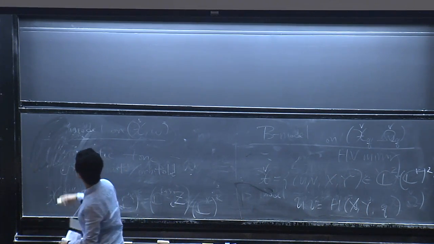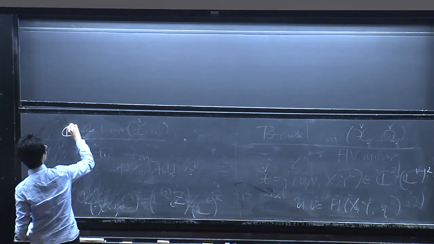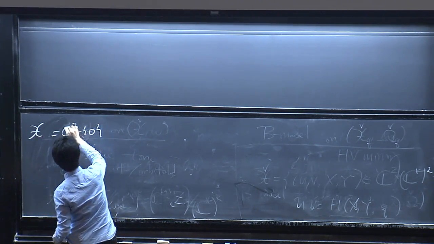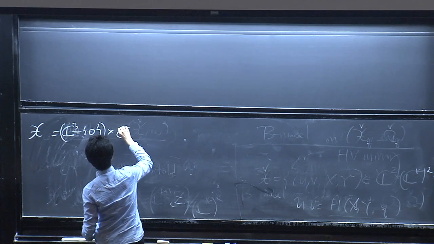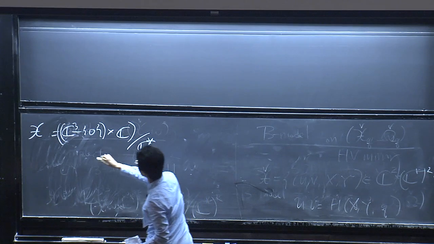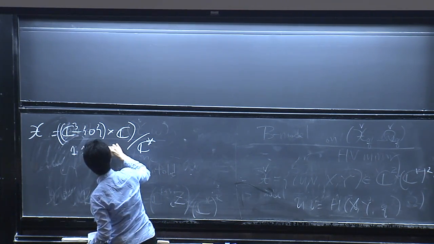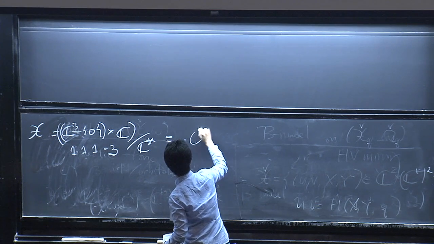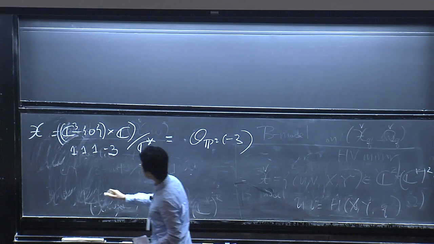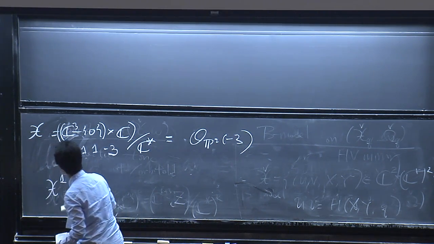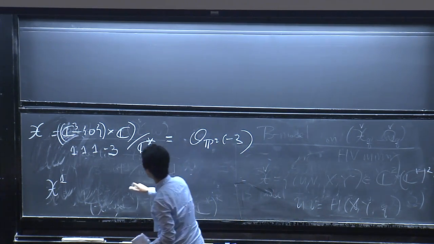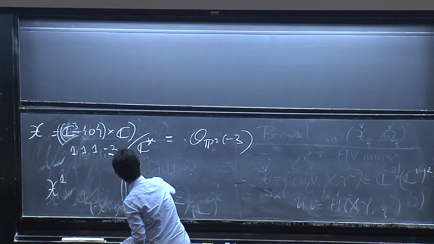Take X to be (C^3 minus 0) times C modded out by the free C^* action with weights 1, 1, 1, -1. This is the total space of O(-3) over P^2. And I can draw a picture of the 1-skeleton, which is a union of zero-dimensional and one-dimensional orbits of the torus action. So it looks like this.